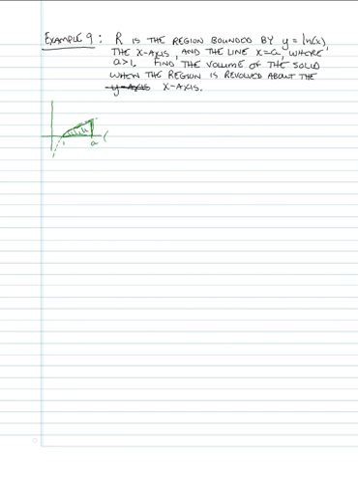And then we're going to rotate that about the x-axis. And so when we do, we're going to get something that looks kind of like, well, that's not a very pretty graph, is it? But we're going to get some solid that looks kind of like that.